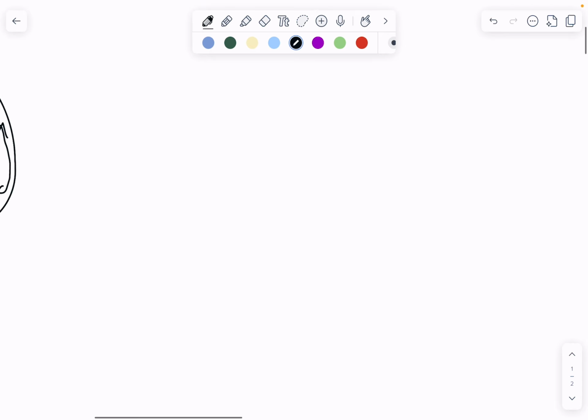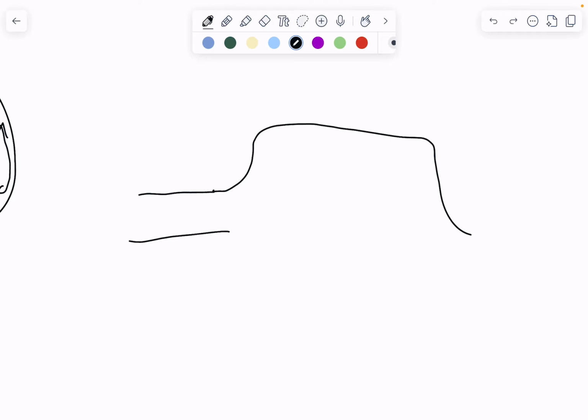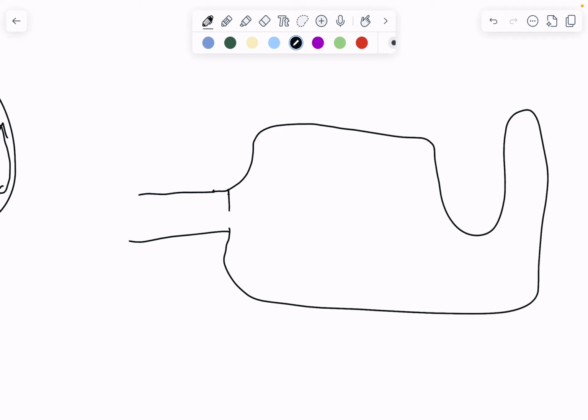And then here's another way we can look at it. Oops, sorry. So right here is that intercalated disc.